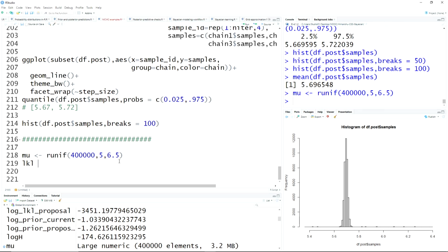Now for each value of mu, I'm going to calculate the likelihood. By the way, here again, it would be impossible to calculate the joint likelihood because it will always give you 0. So rather than calculating joint likelihood, you can calculate log likelihood. So basically apply the same approach. So what would be log likelihood?